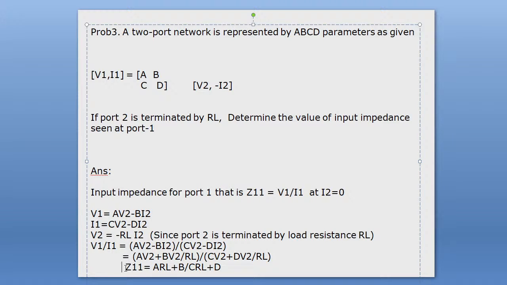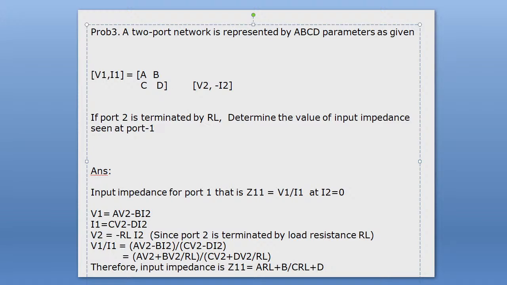Therefore the input impedance, or driving point impedance, Z11 is equal to A RL plus B divided by C RL plus D.